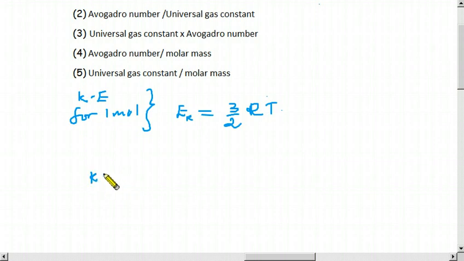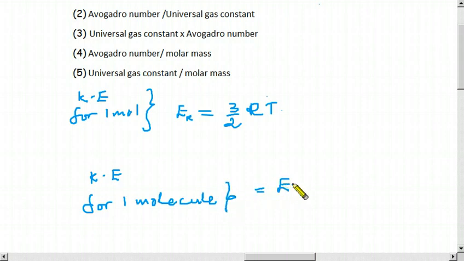But the kinetic energy for 1 molecule, or 1 atom, whatever it is, for 1 unit, is given by 3 divided by 2 kT.